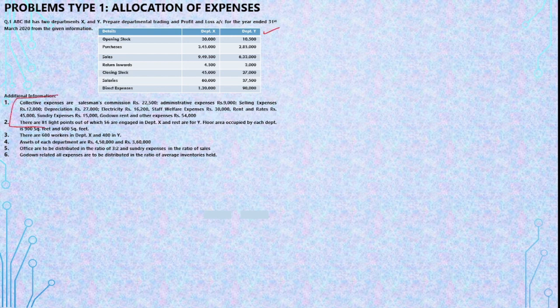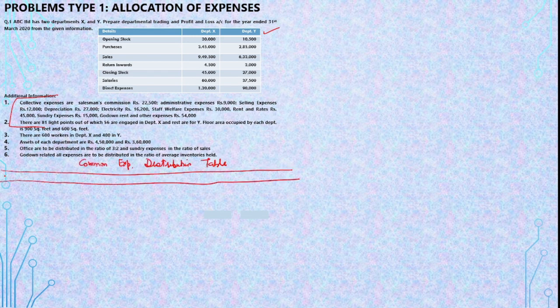So one way to make our work more presentable is to make a distribution table: a common expenses distribution table. Now sometimes I am using abbreviations, but normally we should not use them. I am using them just for the sake of saving time.